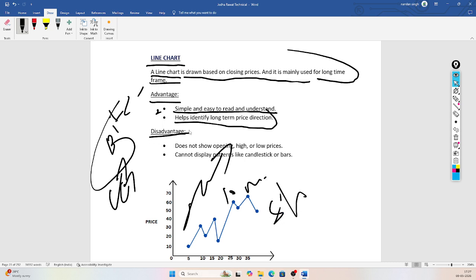There are also two disadvantages: it does not show opening, high or low prices, and it can't display patterns like candlesticks or bars.